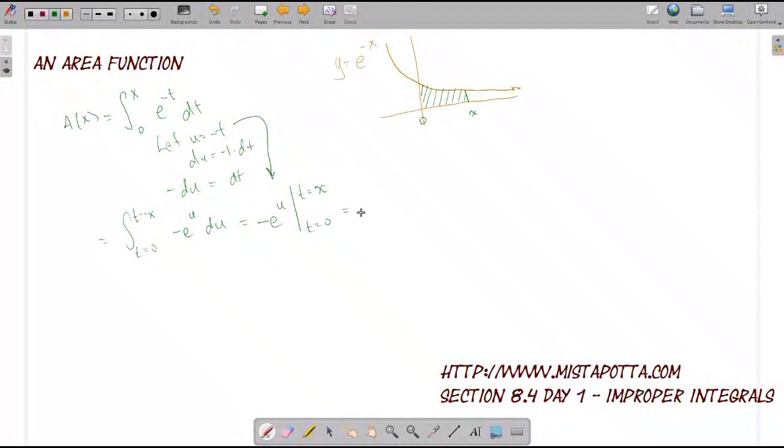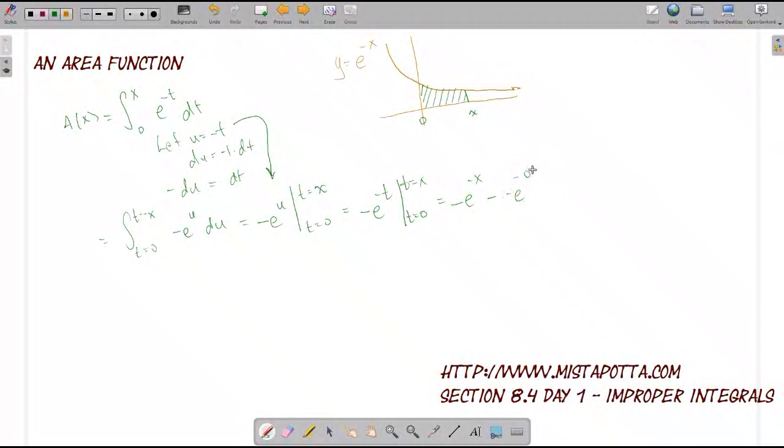So this ends up being negative e to the negative t, evaluated from t equals 0 to t equals x, or negative e to the negative x minus negative e to the negative 0.